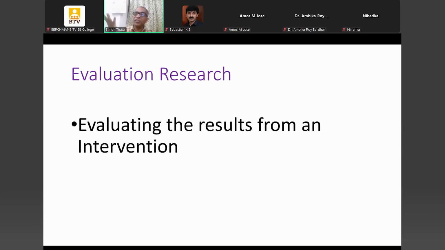There are many interventions which come in different forms. I gave you some examples: training, family planning, education, interventions in health, and interventions for preventing certain events. When you see accidents increasing in the data, that is where diagnostic and evaluation research are related. Past data shows road accidents increasing in one particular place.